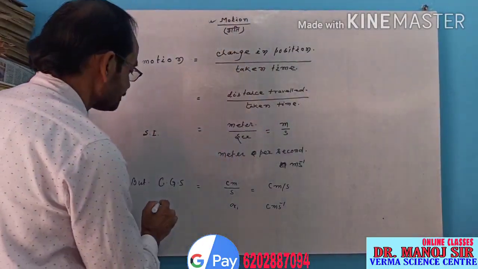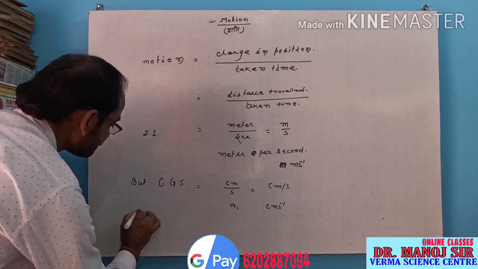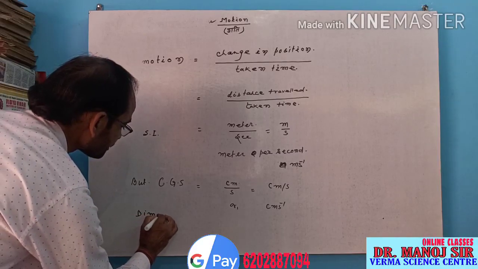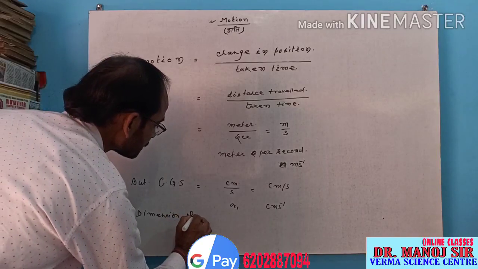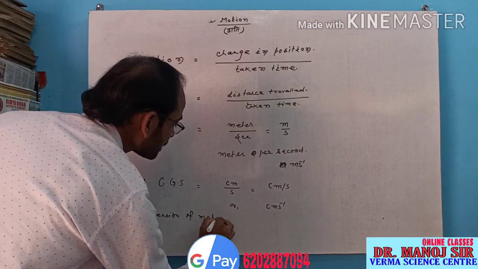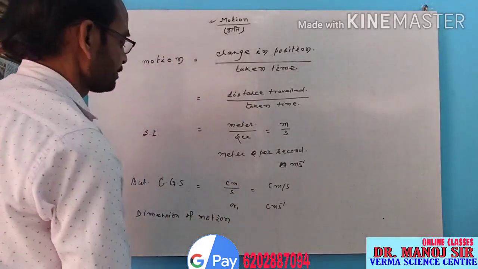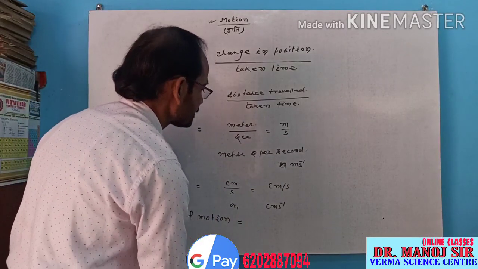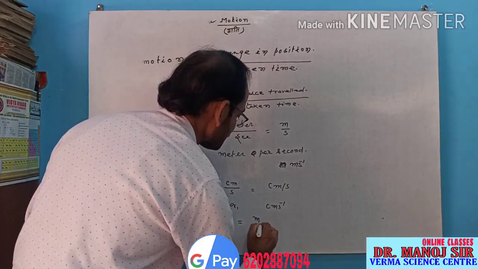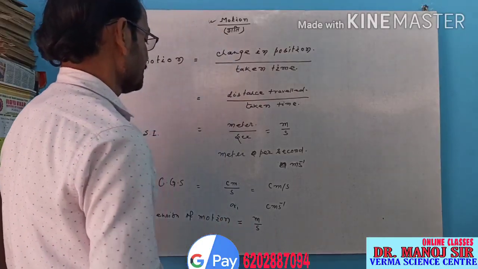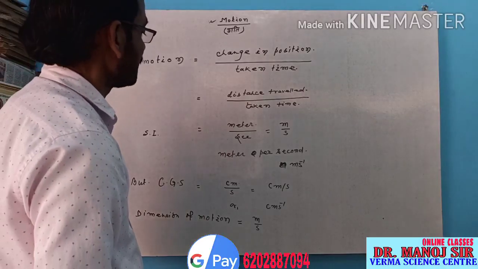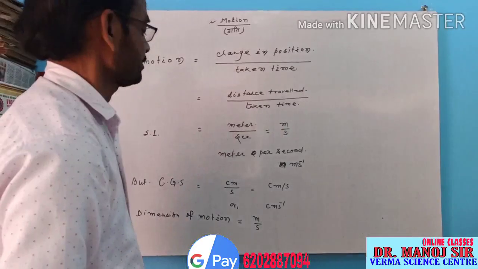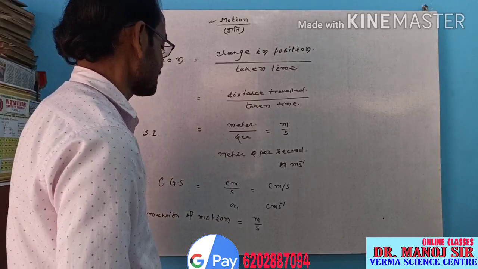Therefore, dimension of motion is meter by second. Dimension is only known by the SI unit, not the CGS.